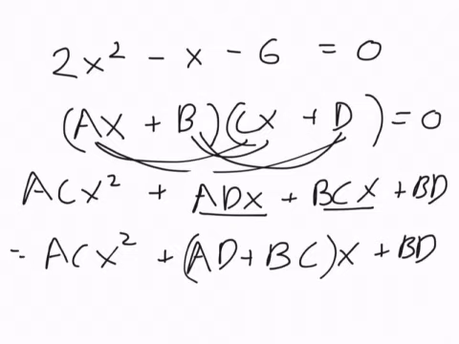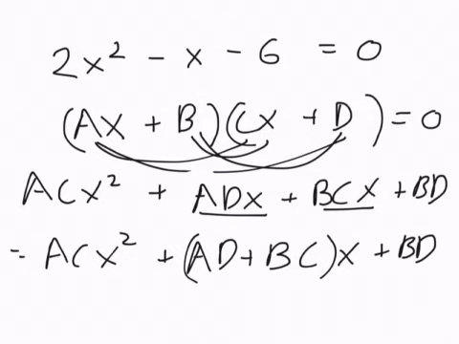So, if we want to make 2x squared minus x minus 6 the same as the things in those two brackets, we have to make AC equal to 2, BD equal to minus 6, and AD plus BC equal to minus 1. Now, how are we going to do this?